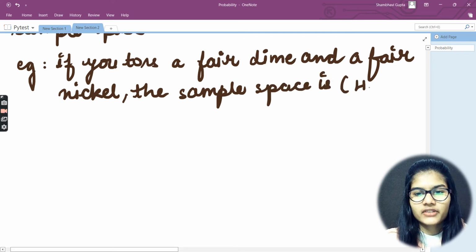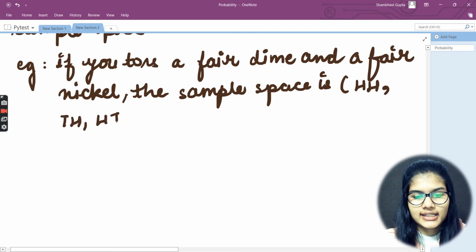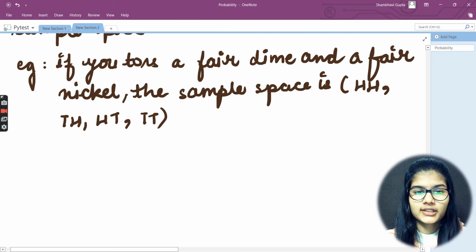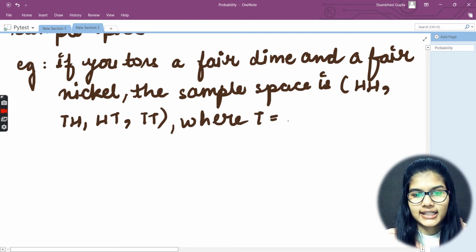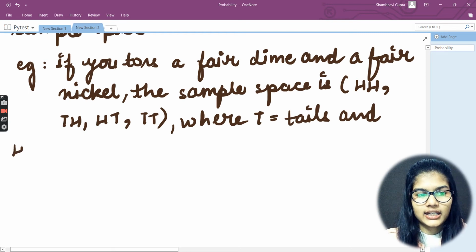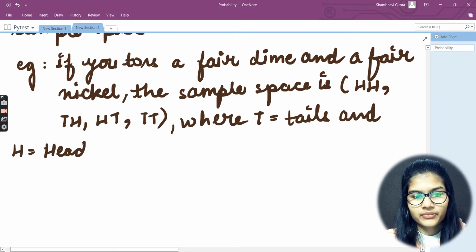What's my sample space? It will be HH, HT, TH, TT. This is the sample space if you toss two coins simultaneously, where T is equal to tails and H is equal to heads.